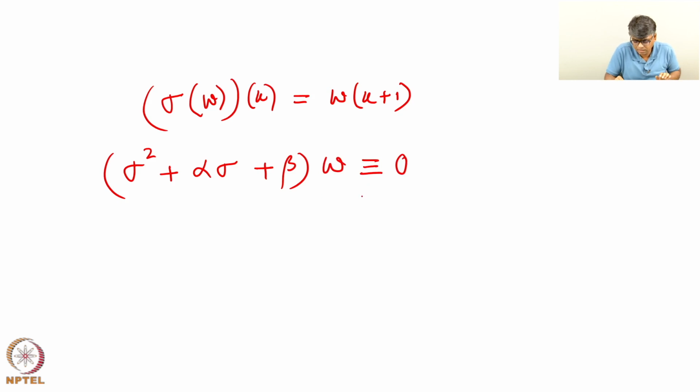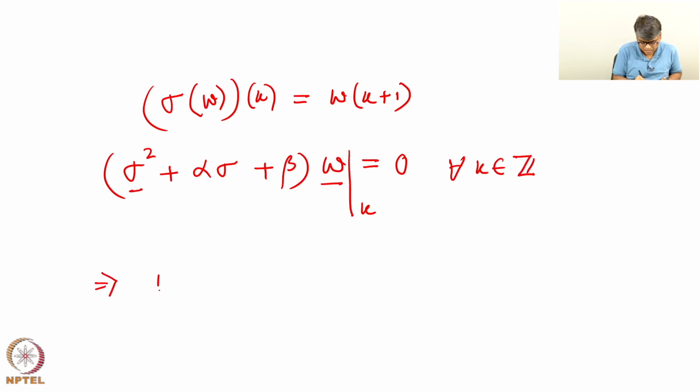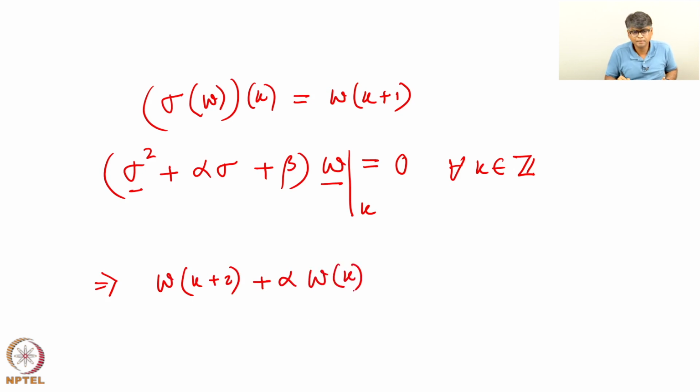That means this evaluated at k is equal to 0 for all k in Z. This then means that σ²w evaluated at k, that is w(k+2), plus α times σw evaluated at k, that is w(k+1), plus β times w(k) is equal to 0.